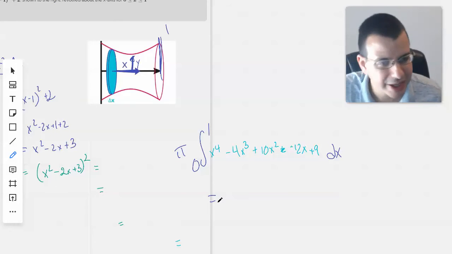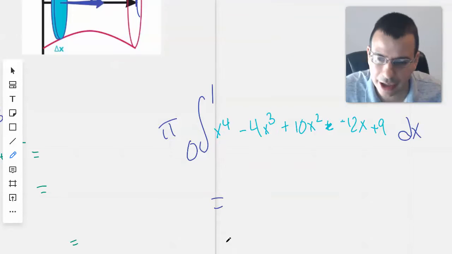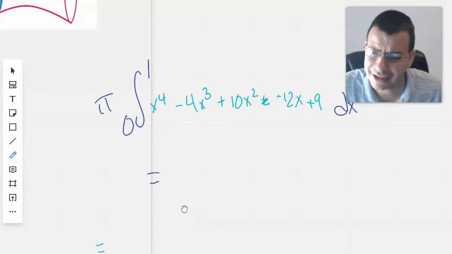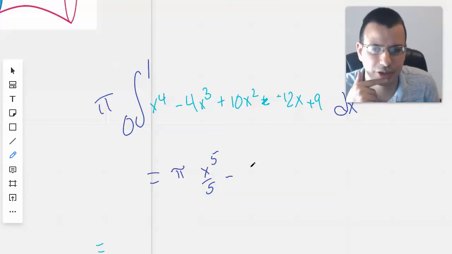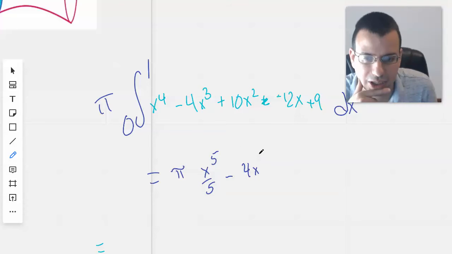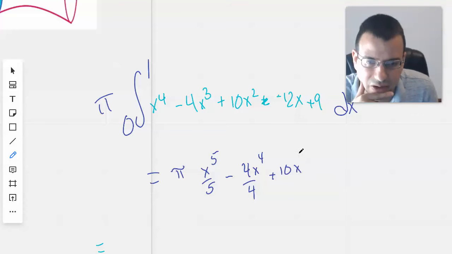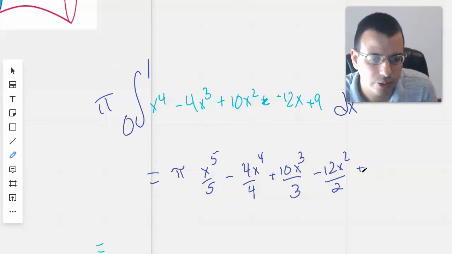From a calculus point of view this isn't too bad, but from an algebraic point of view it's tedious. X to the 5th over 5, minus x to the fourth, plus 10x cubed over 3, minus 12x squared over 2 plus 9x, evaluated from 0 to 1.